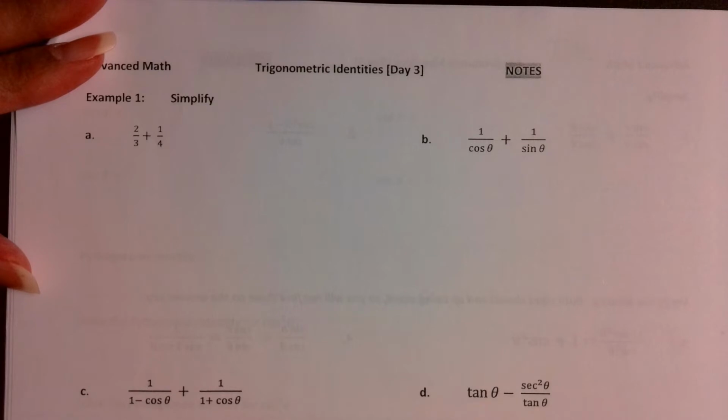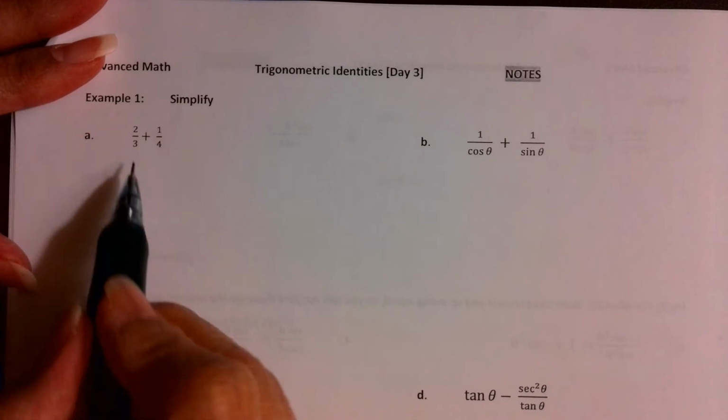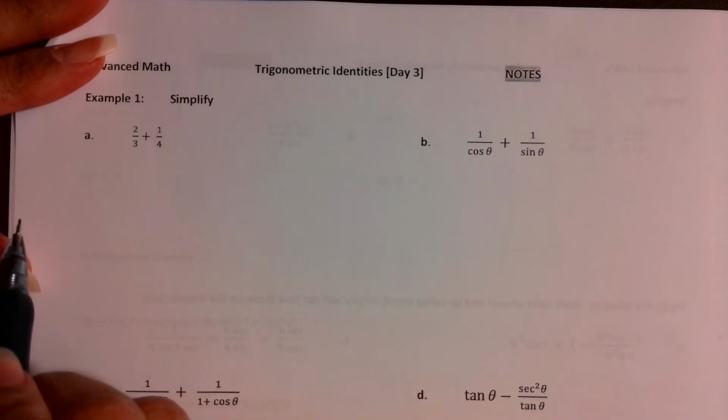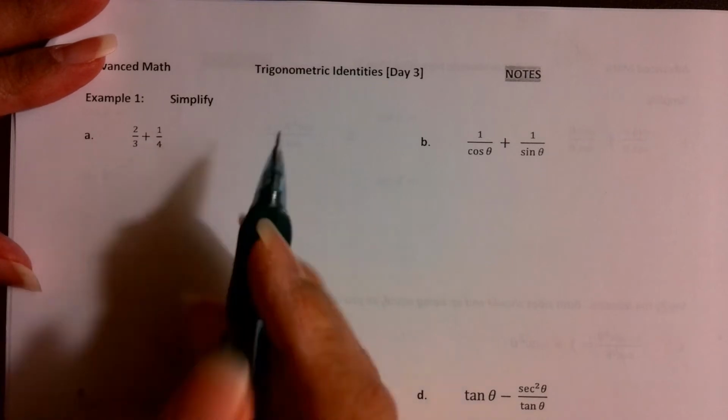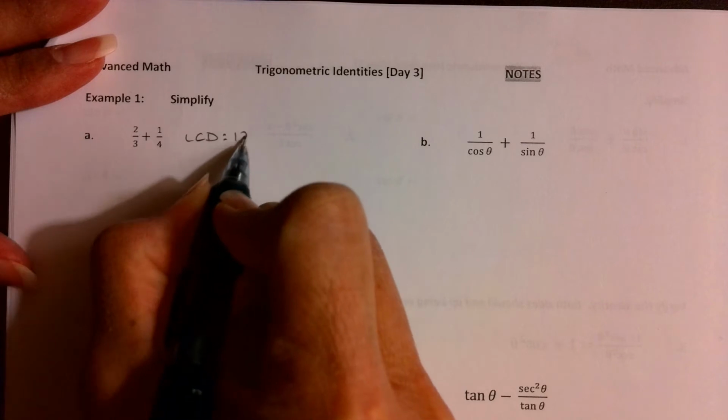Okay, so at this moment you should have completed this problem, and if you recall, you are supposed to get common denominators when you are adding or subtracting fractions. So the lowest common denominator, what we used to call the LCD, is going to be a 12.